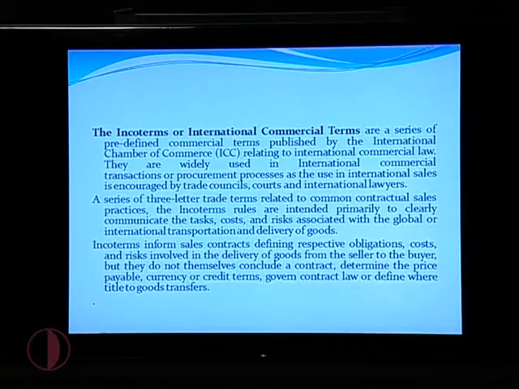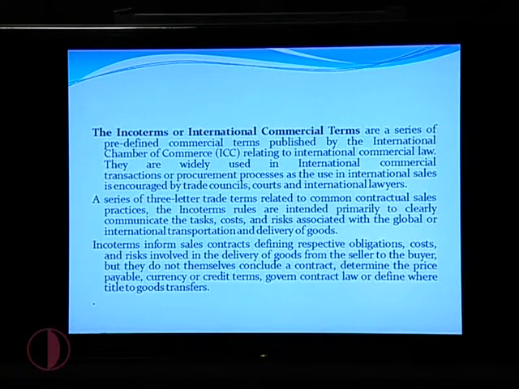What is this? The Incoterms or international commercial terms are a series of predefined commercial terms published by the International Chamber of Commerce, ICC, relating to international commercial law. They are widely used in international commercial transactions or procurement processes, as their use in international sales is encouraged by trade councils, courts and international lawyers.